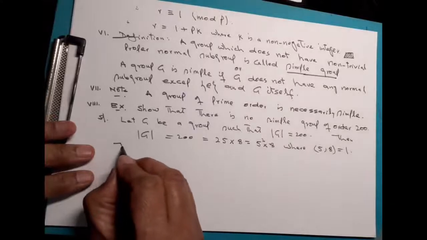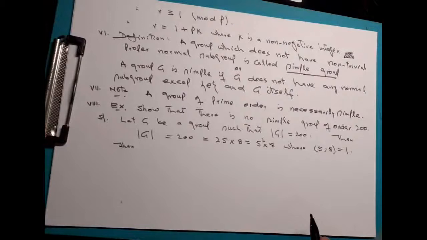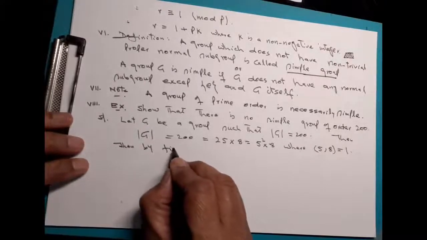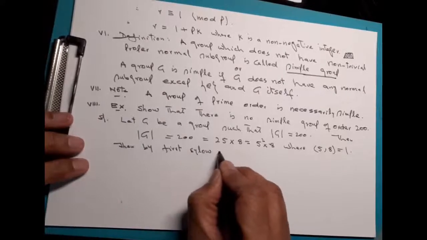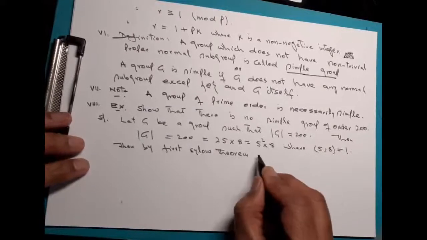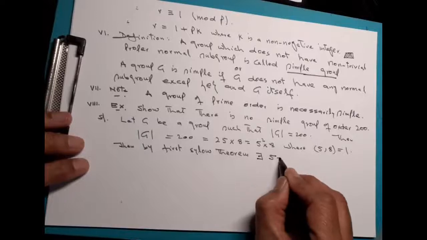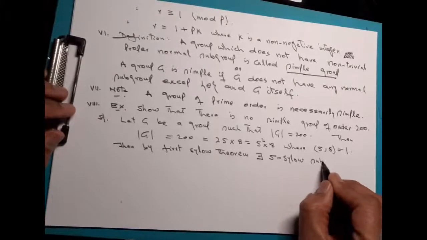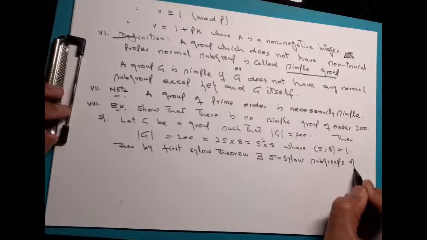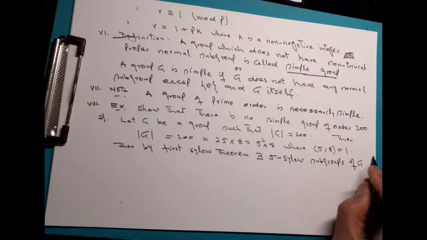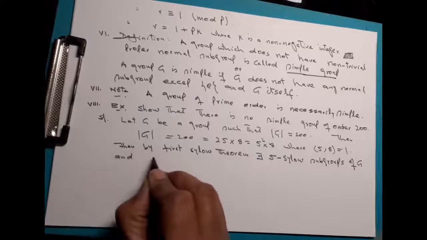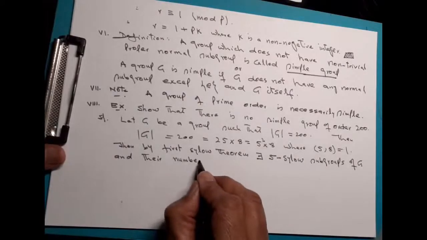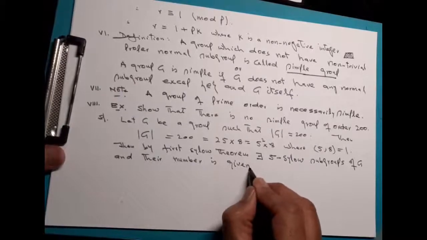Then by the first Sylow theorem there exists a 5-Sylow subgroup of this particular group G, and we also know that their number is given by the formula we have just derived.